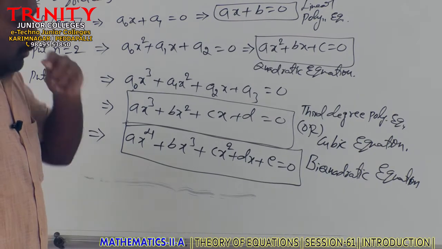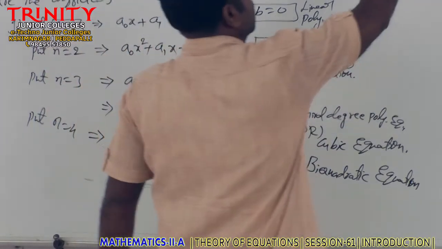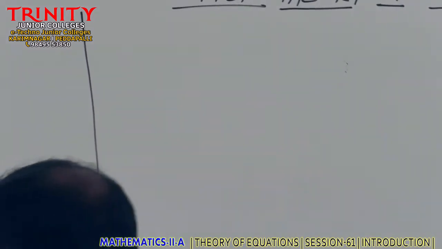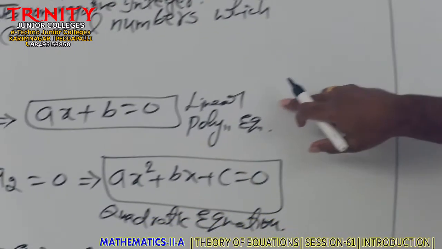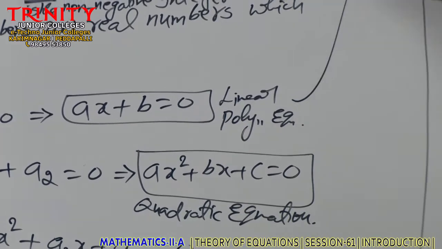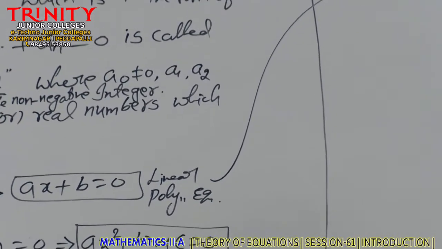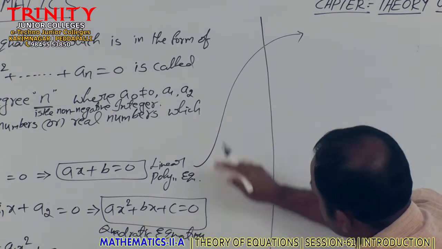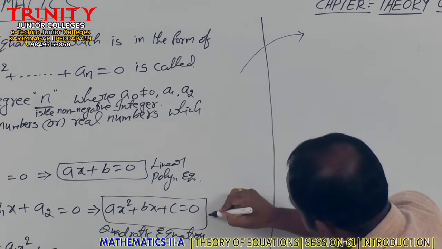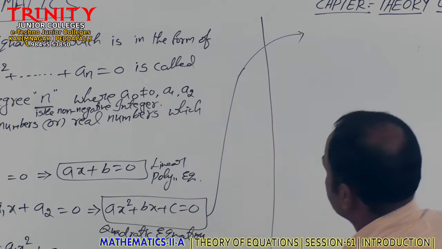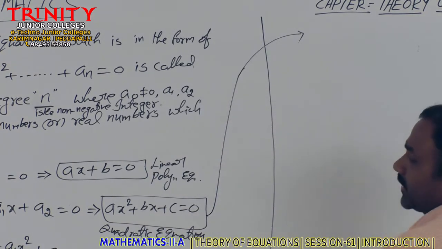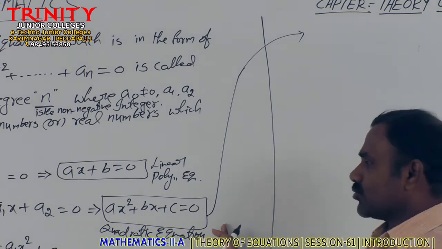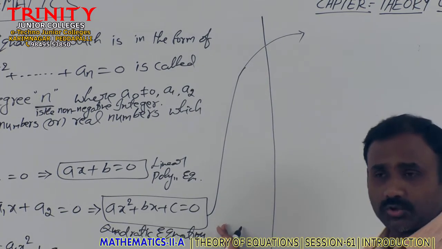Now, from these polynomials, if it is a second degree polynomial, already we have discussed how many roots for a quadratic equation? 2 roots.